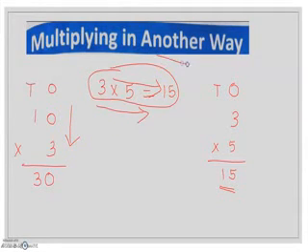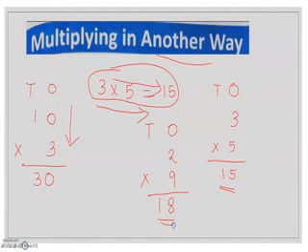This is called multiplication in another way. For another example, there is a ones place and tens place. 2 into 9, we know that the answer is 80. This is vertical multiplication, multiplying in another way.